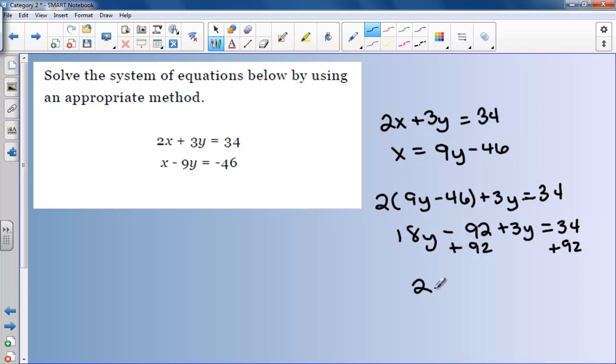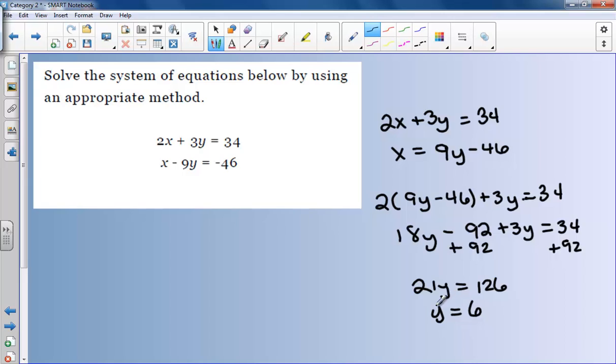We've got 21y equals 126. So y is equal to 6.